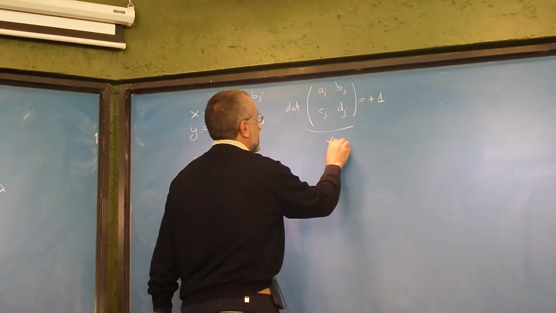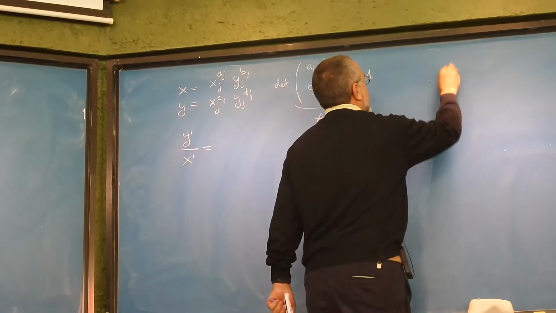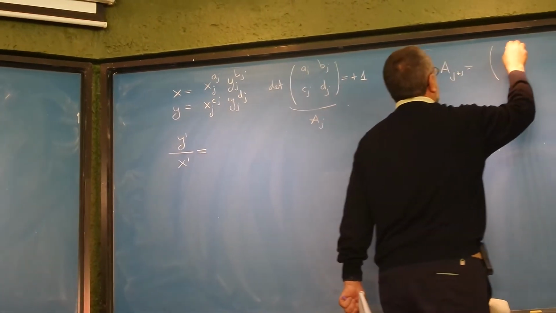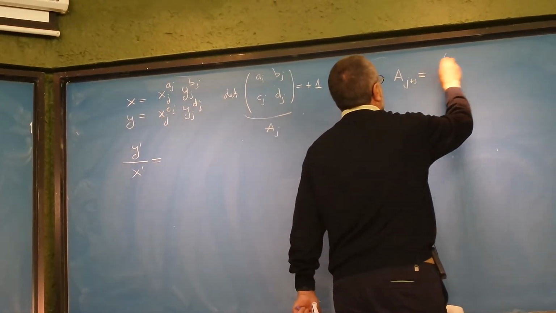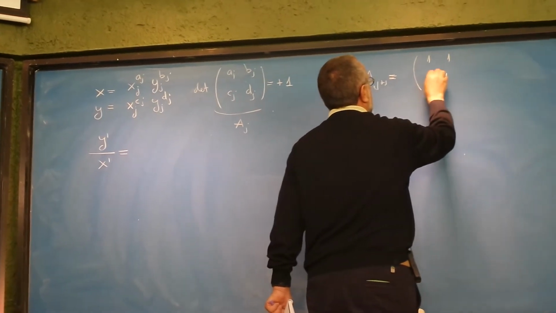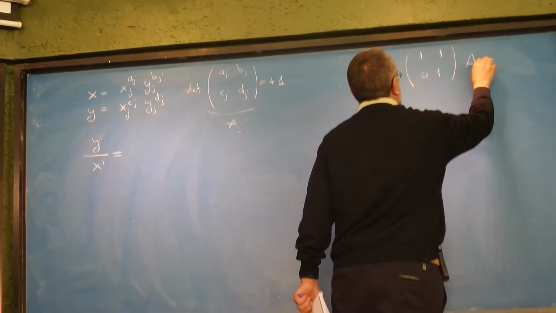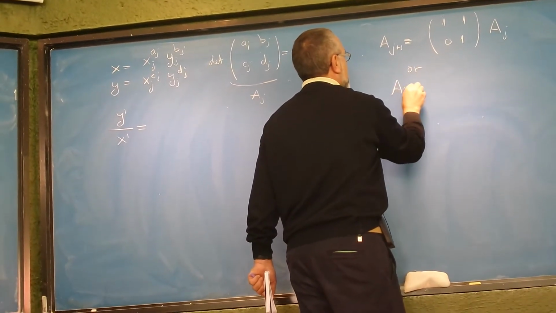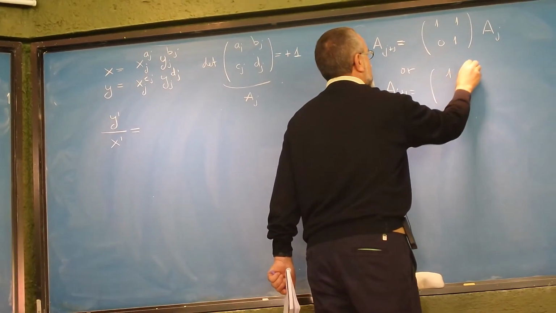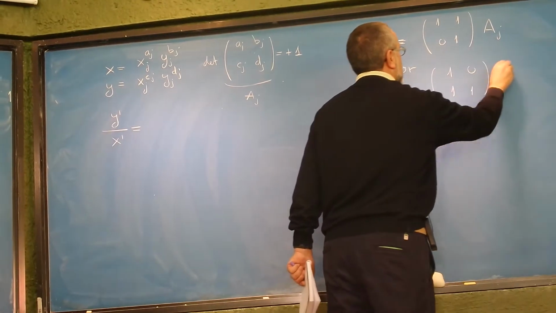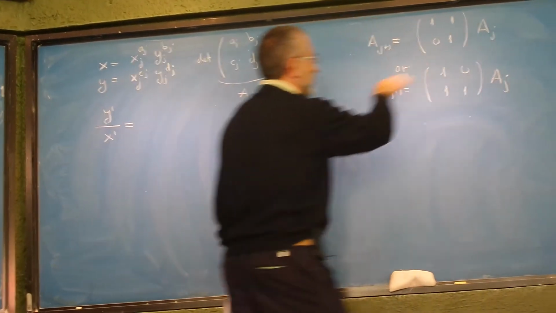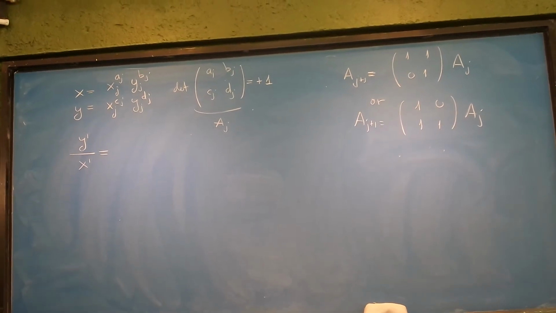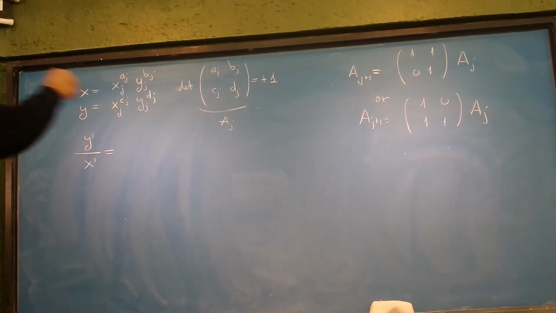If this is the matrix Aj, you have that Aj plus 1 equals something like that: 1, 1, 1, 0 times Aj, or Aj plus 1 equals 1, 0, 1, 1, Aj. I don't remember if it is Aj or transpose. You can do it. Maybe it's later.